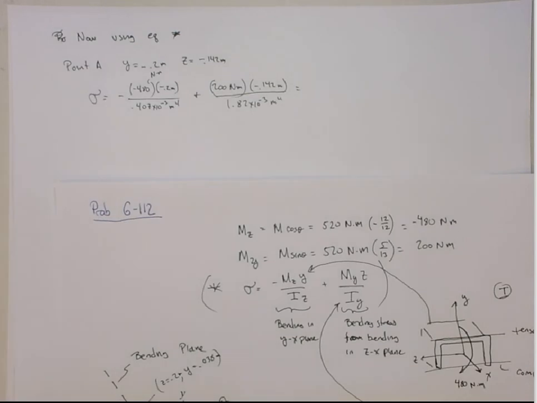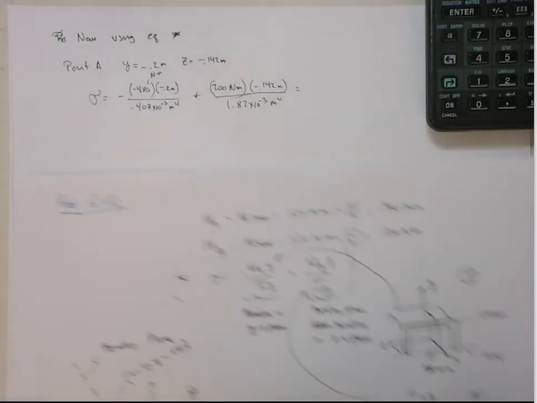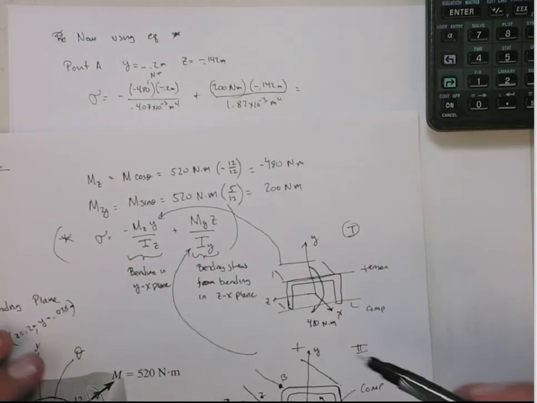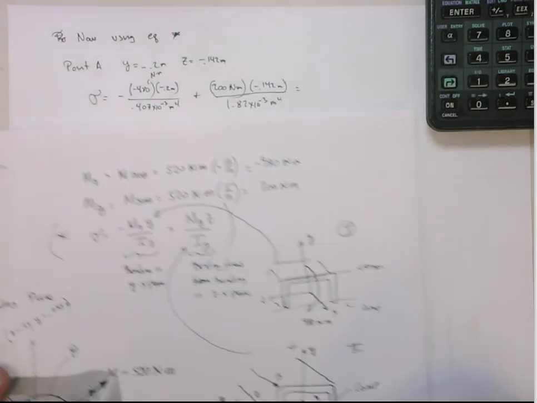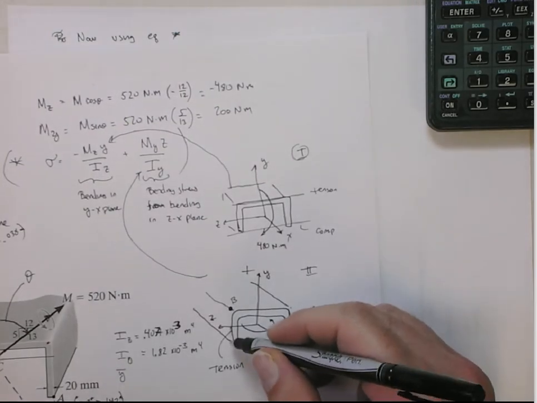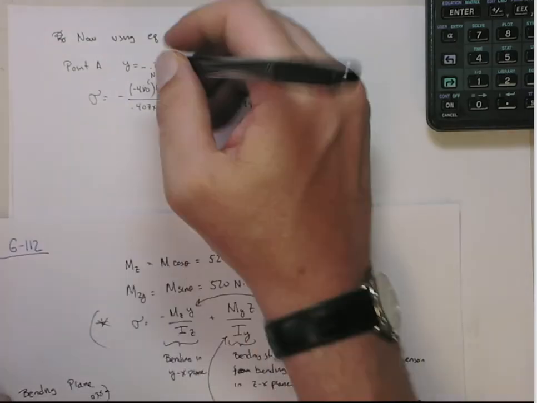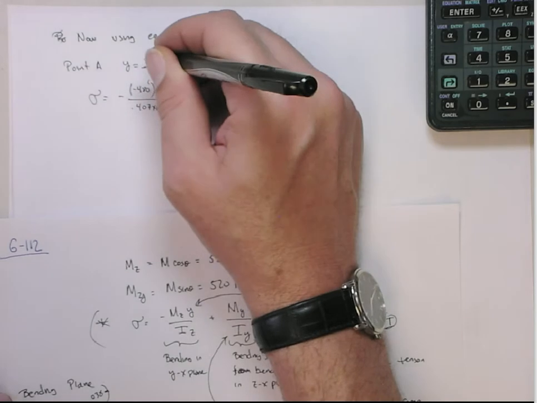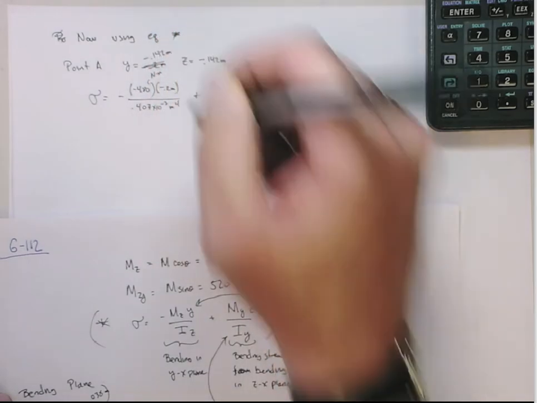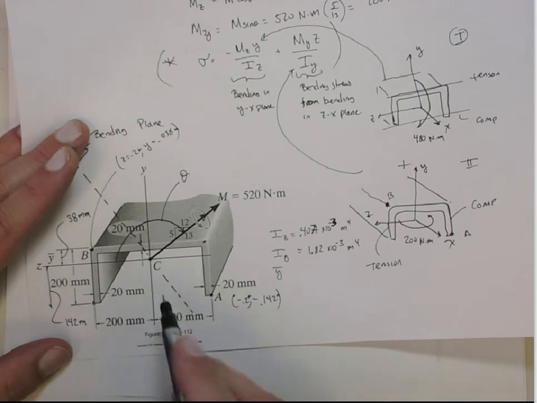I got these flipped. I'm sorry. What am I doing? For the y-coordinate at this point A, this coordinate, the y-coordinate is minus this distance, which is 142. So this should be, I'm sorry, the z distance is minus 0.2. I have these backwards.